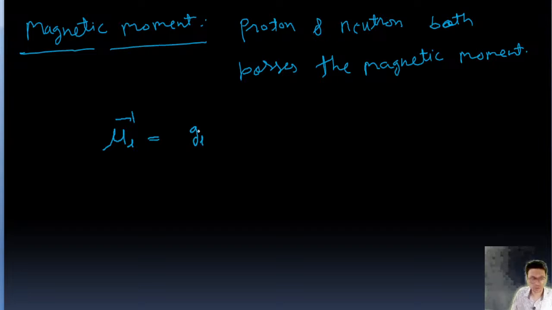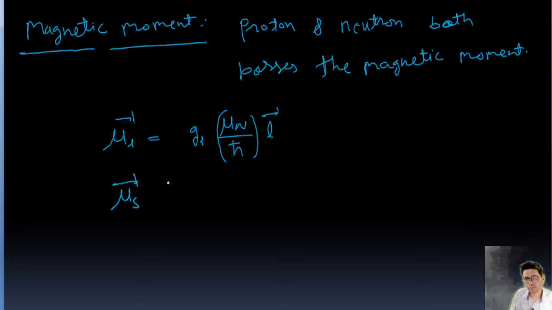So here mu L is equal to gL mu n upon h cut into L. Similarly mu S, the spin magnetic moment, is gS mu n upon h cut into S. This is the orbital magnetic moment and this is the spin angular magnetic moment.